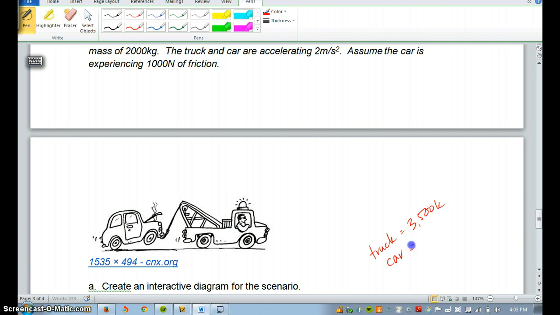Car, 2,000 kilograms. And I have acceleration of being 2 meters per second squared, and a frictional force from the car, Fc, being 1,000 newtons. So I'm going to go off screen, finish this off so you can see the results, and then kind of talk you through them.